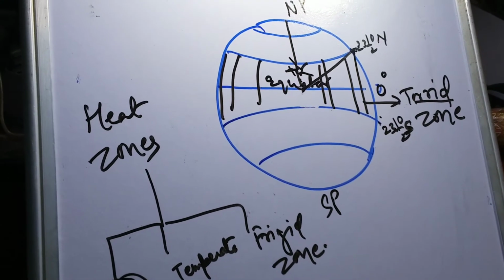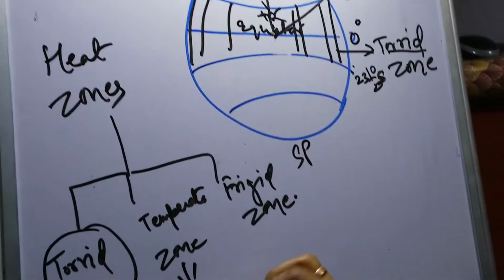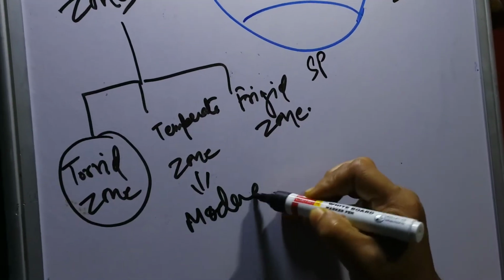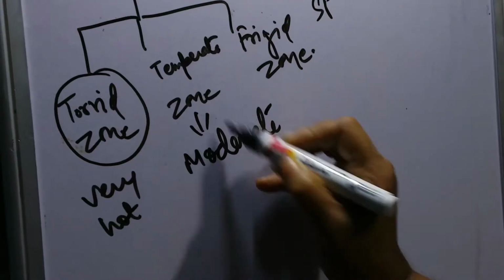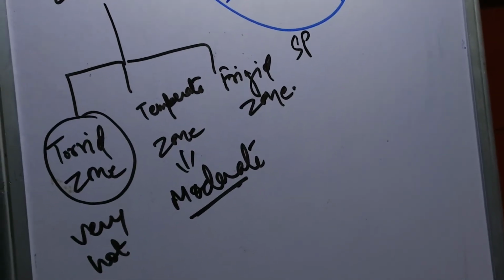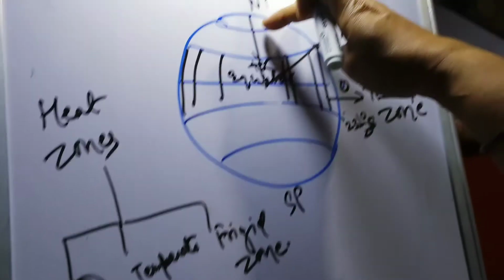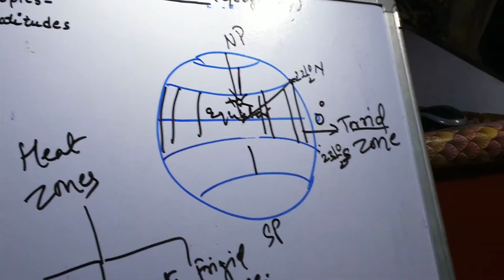So here the climate is moderate. What type of temperature is here? It is moderate. The torrid zone is very hot, but here it is moderate. What does moderate mean? Neither too hot nor very cold. Why is it moderate? Because direct sun rays are not falling in this part.